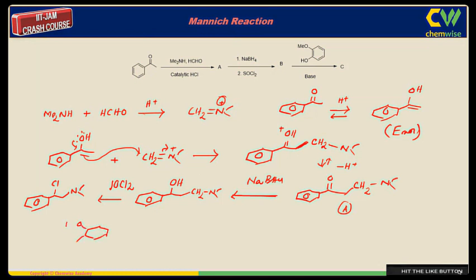Then we have these things. In presence of base, it will form O minus, that O minus is going to replace this Cl. So basically what we have, I am writing here O, OMe.